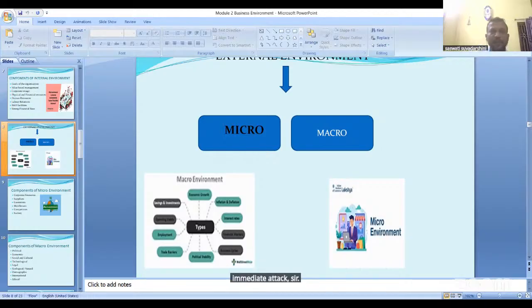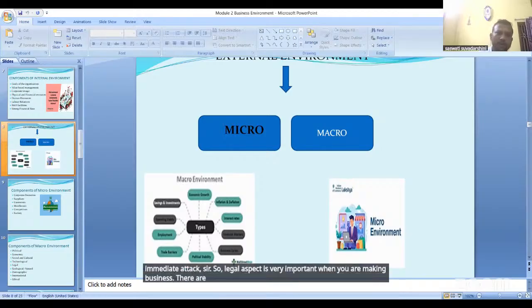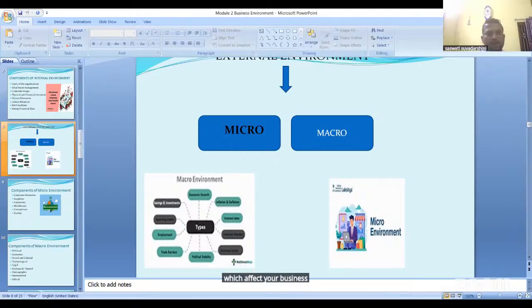So the legal aspect is very important when you are doing business. There are n number of things which affect your business. Sometimes what happens, you are not providing a quality product, and they will go to consumer court.